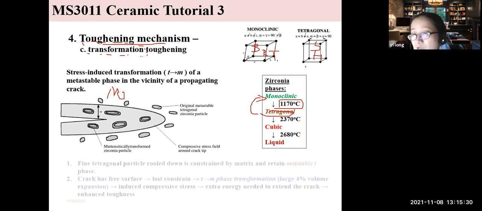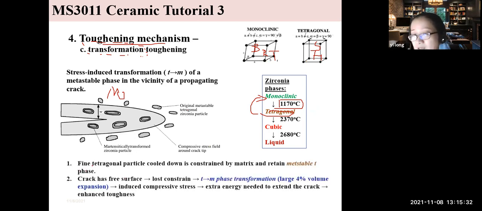So even at room temperature, you cannot go back to monoclinic. Cannot be bigger. You can only stay as a small little guy here. That's what we put here: the original metastable tetragonal phase. Even at room temperature, you retain the metastable tetragonal phase.